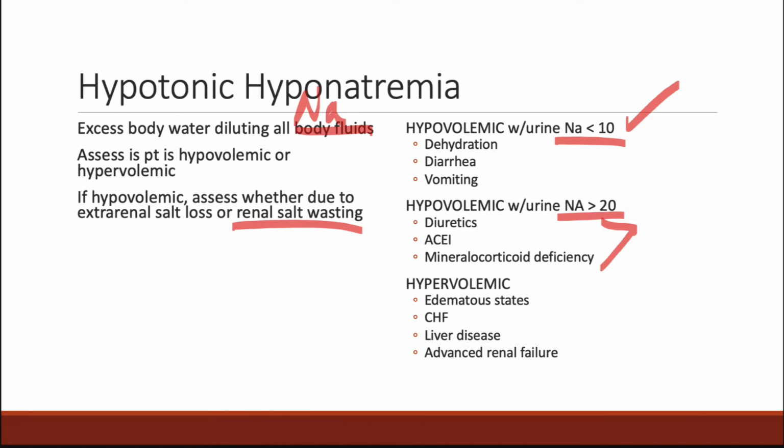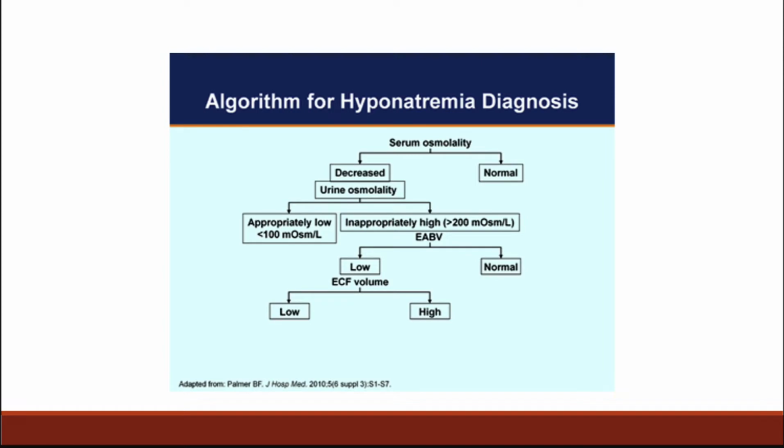And then, of course, when we have hypervolemic, that's edema, heart failure, severe liver disease that causes ascites, advanced kidney failure, cardiorenal syndrome, all that other jazz. Okay? So let's look now at the algorithm that we have for making this hyponatremia diagnosis.